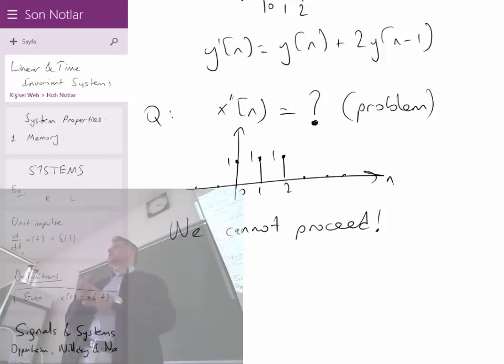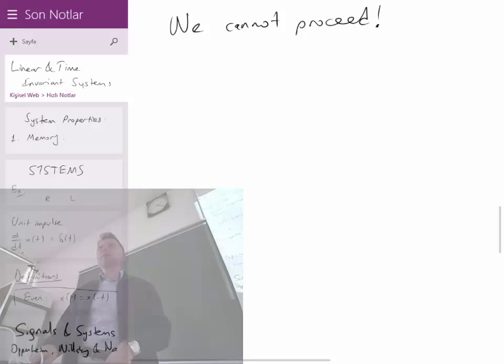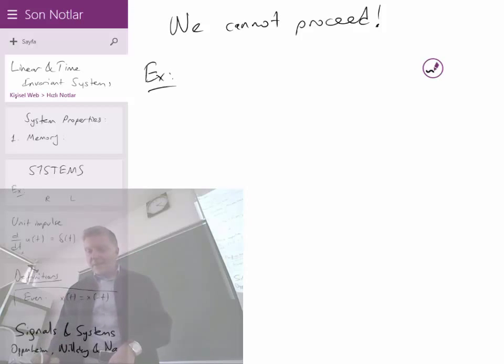Probably it will not even be represented in terms of that at all. There's no way, maybe. So isn't it a better idea to make the input-output black box experiment not with these two impulses, but instead with this one?